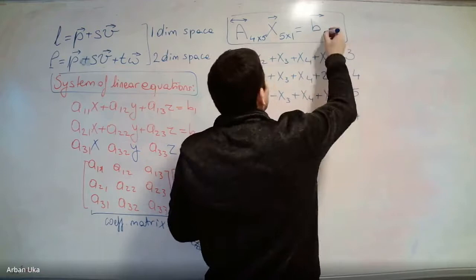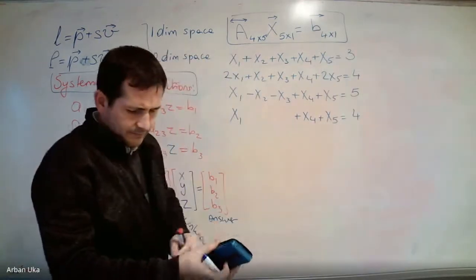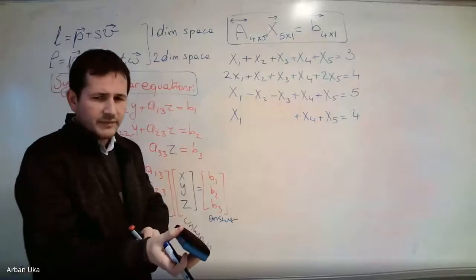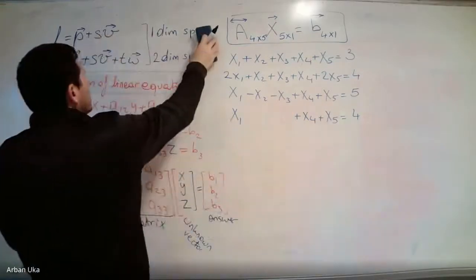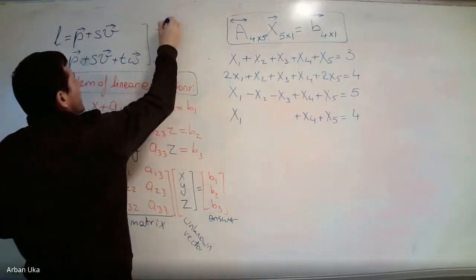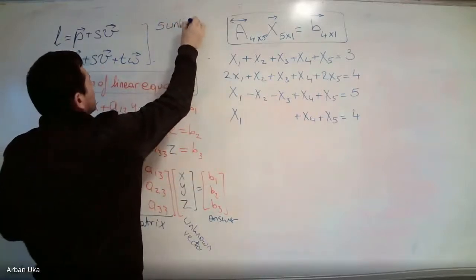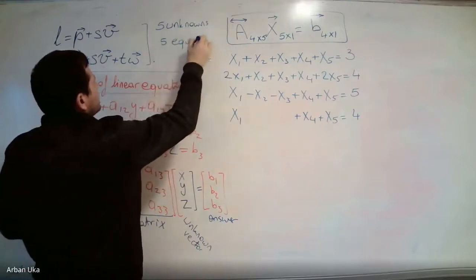You said that we need 5 equations in order to do what? In order to find all of the variables' values. Okay, so please don't forget this one. All of you remember this one. So we said that apparently we have 5 unknowns, and we need 5 equations.